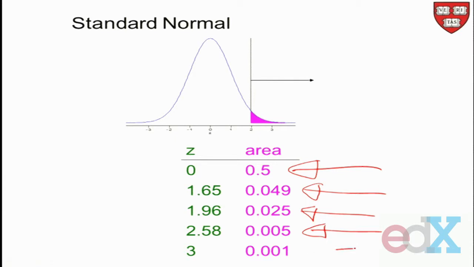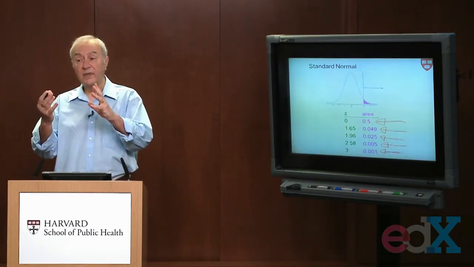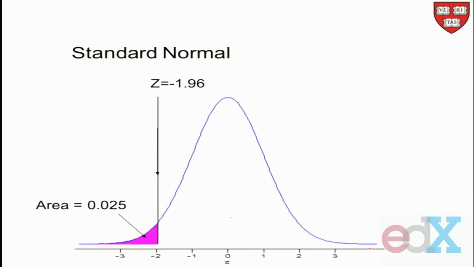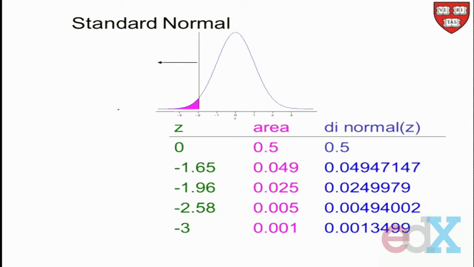And when it's 3, the area is 0.001. Now, this thing is symmetric. So the areas on the other side flip this whole thing, and the area to the left of minus 1.96 is also 0.025. So the area to the left of these numbers is exactly the same as the area to the right when I change the minus signs to plus signs. I can get this from the function normal in Stata. If you actually want to be precise, there are the values.